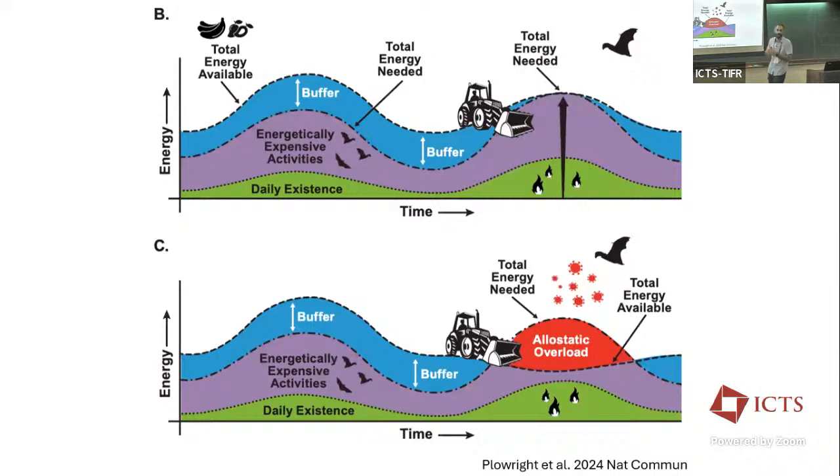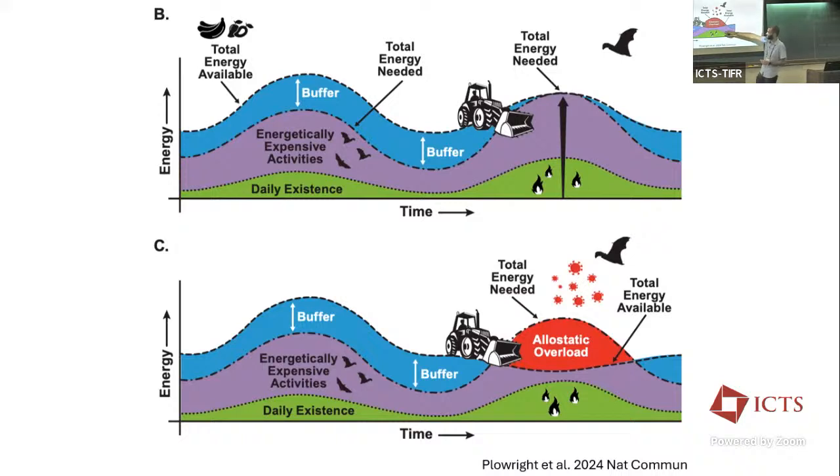Say, for instance, they've clear-cut the forest that you normally foraged in, and so you have to fly further to get all the food. So maybe your total energy budget didn't change too much, but the cost of acquiring those resources increases. And so you no longer have this nice little buffer where you had surplus energy available to you in the environment. So animals here may be living on this edge.